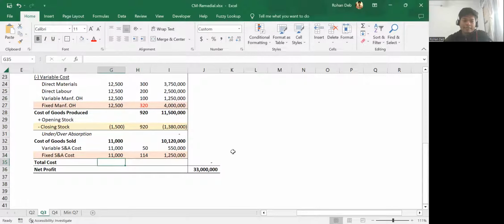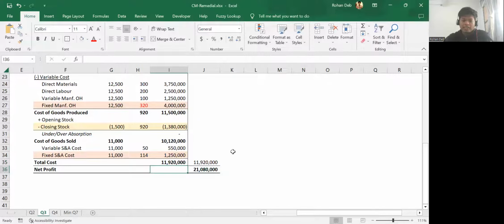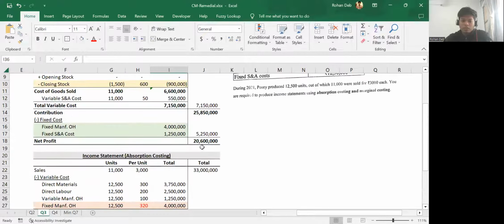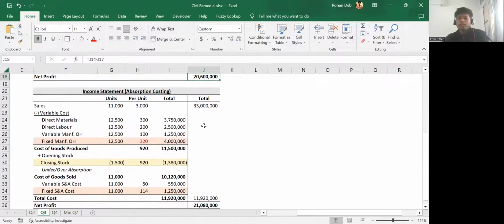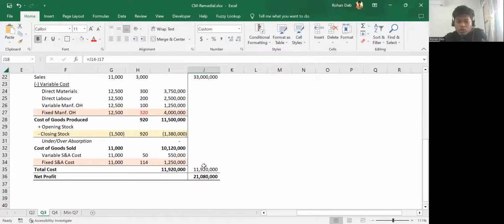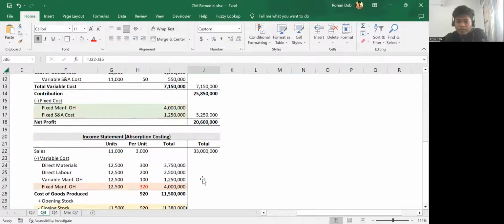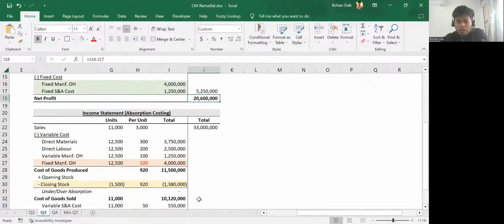Now total cost, if I take equal to this plus this plus this, so total cost is 11 lakh 92,000, and the profit comes to, so here because I'm not deducting variable cost, I'm deducting the entire cost. So the total profit is 21.08 million compared to 20.6 million over here.